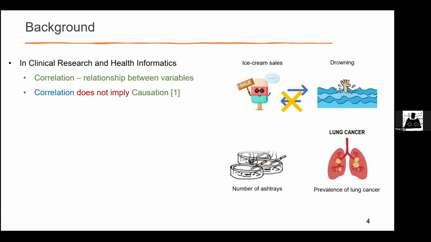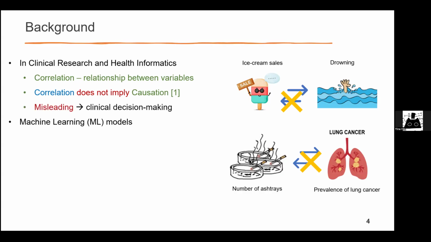And here is another example that shows the number of ash trees at home correlates with lung cancer, but it's not the ash trees that cause cancer. Because of this kind of misleading, we must be careful in research for the clinical domain.